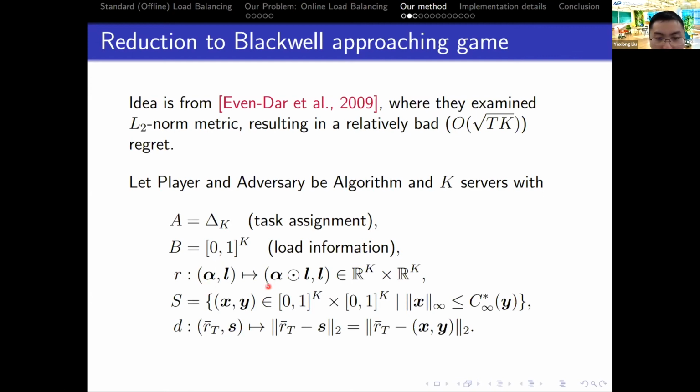R is the payoff function in R^K space, and S is the target set, which is defined here, and D is the measure metric. As we mentioned, Evan Dan only examined the L2 norm here. So our work just extends his work.